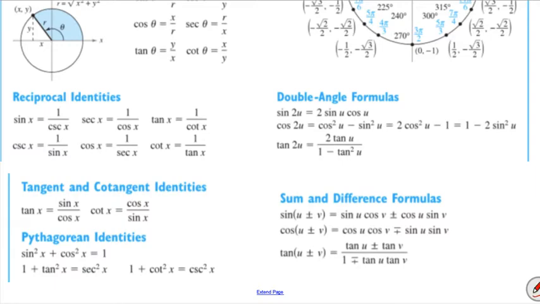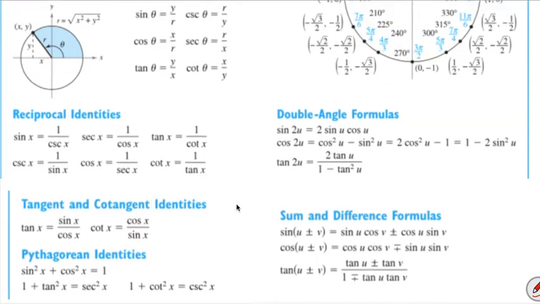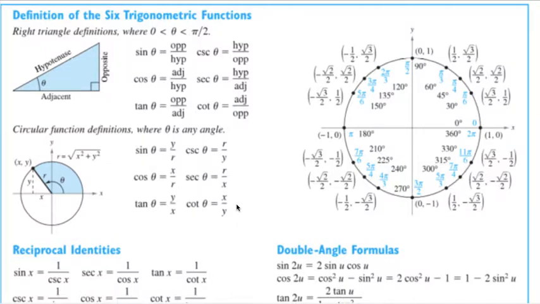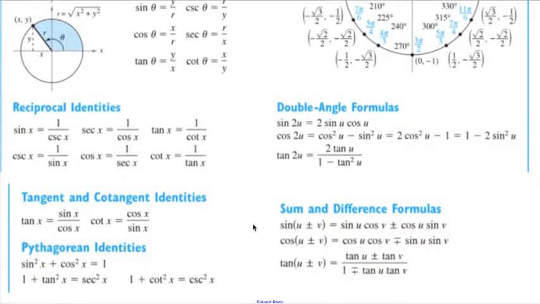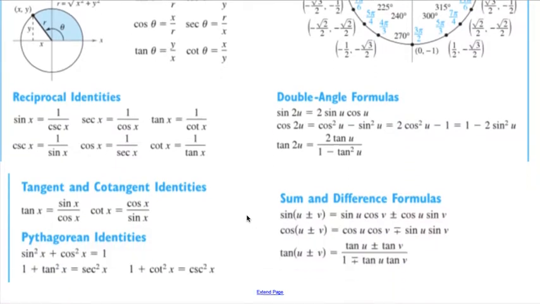They are in the front of your PDF version of the textbook, but they are not in your physical textbook. And there are more. I just cut out the ones that I know you'll see and you'll need to know. So if any of these things look foreign to you, write them down and just start memorizing them because they are something that you're expected to know coming out of pre-calc or trig.